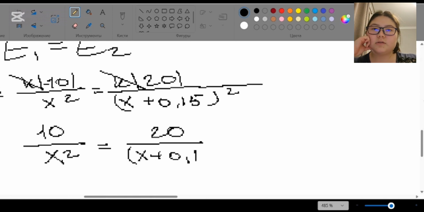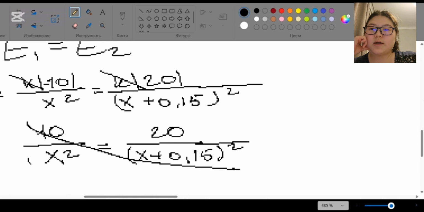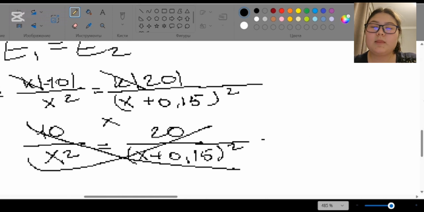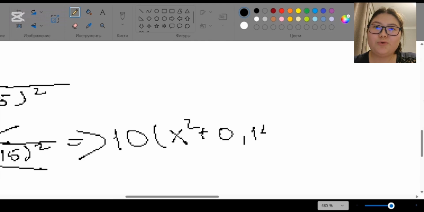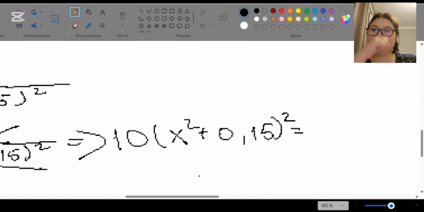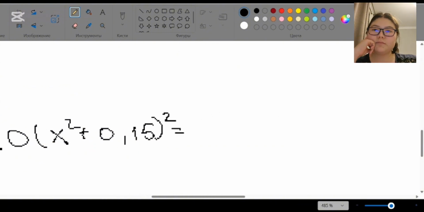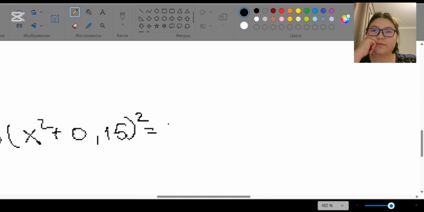Here we're going to multiply 10 and 20 as x squared. 10 multiplied by x plus 0.15 squared is equal to 20 multiplied by x squared.